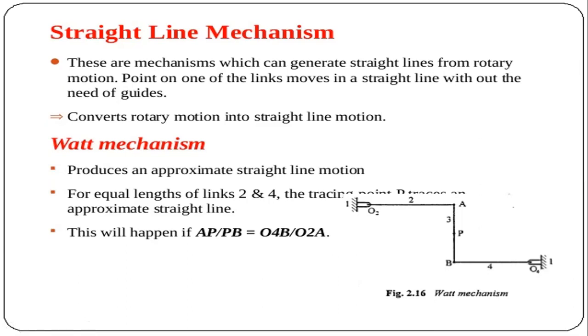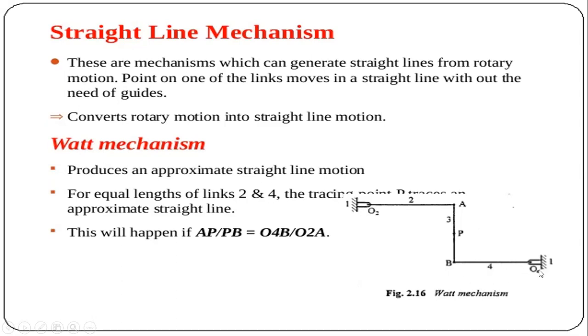This forms the approximate straight line, and this will happen if AP by PB is equal to O4B by O2A. Here P is the center of the straight link, and PB is the lower end of the Watt's mechanism.